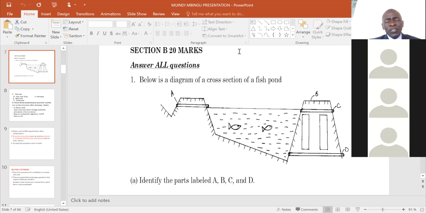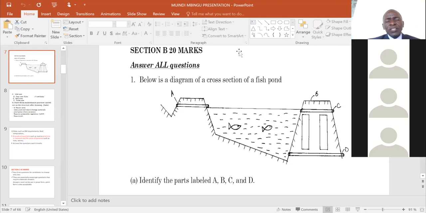We are back to the fish pond. We are saying that in section B, the questions here are practical oriented. That means that they are often preceded with diagrams, as you can see on the screen, that question. The diagrams serve to stimulate you as a candidate to remember the concept around that diagram.